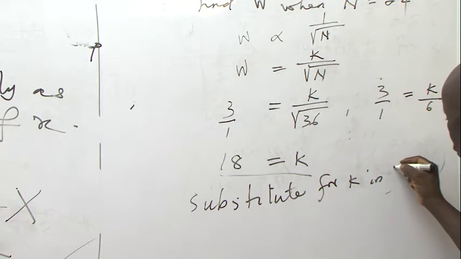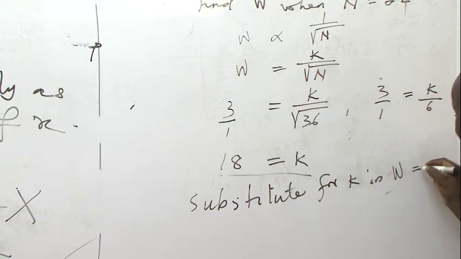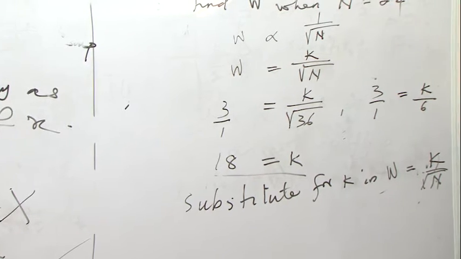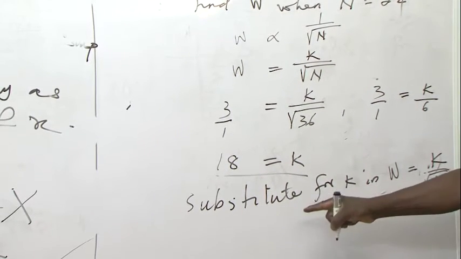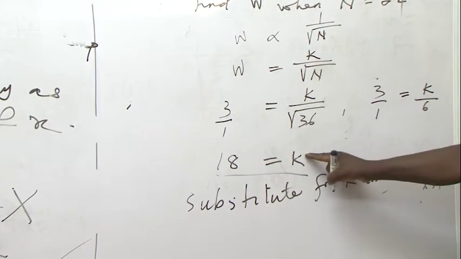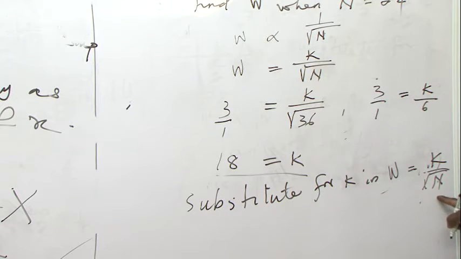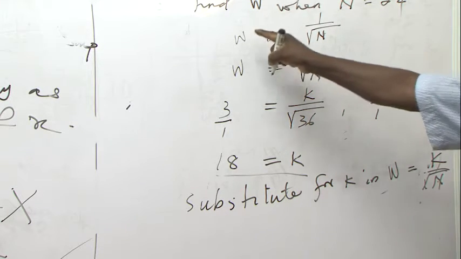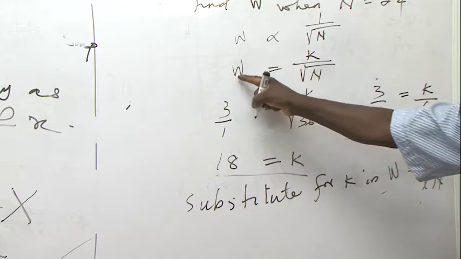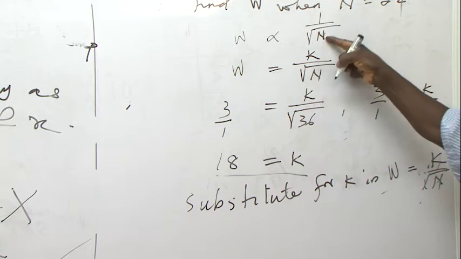W equals K over root N. Substitute for K. What is your K? 18. Here. If you substitute it, if you say W is proportional to K over N, that's the end.